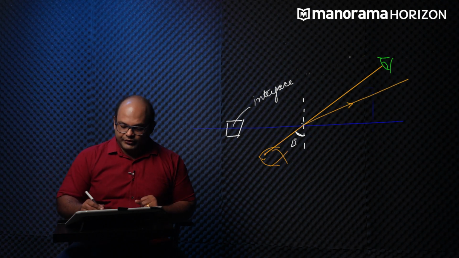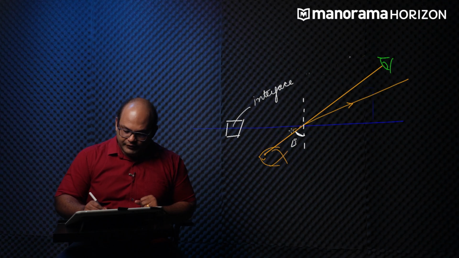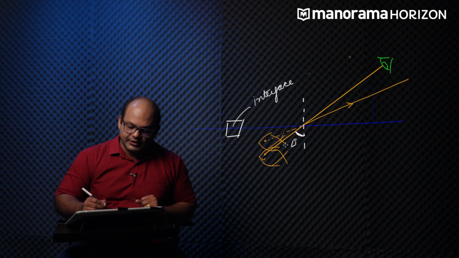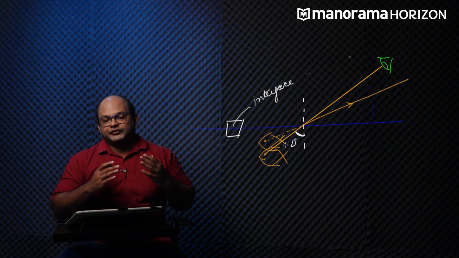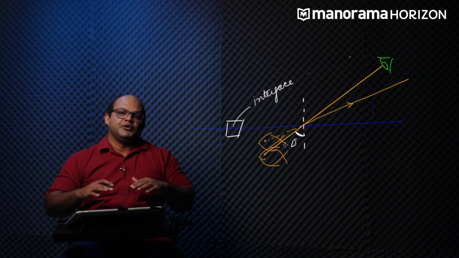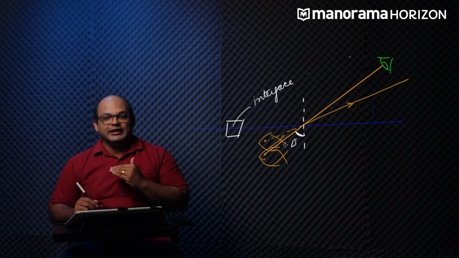As a result of this, the apparent position from where the light seems to be coming will shift, and it will seem to you as if the fish is in a different position than its actual position. The fish will seem to be closer to the surface of the water than where it actually is.